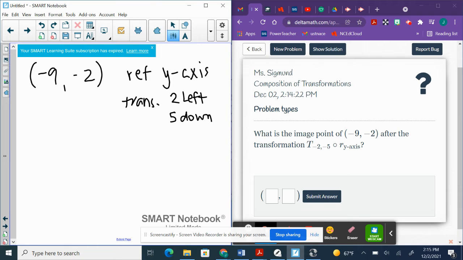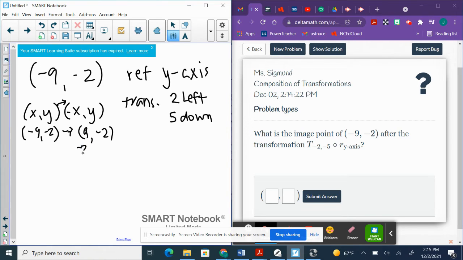So reflect over the y-axis, our xy becomes -x, y. Sorry, there should be an arrow in there. So that means our -9, -2 is going to become a +9, -2. And that's the reflection over the y-axis. Then we're going to translate it 2 to the left, which is our x.